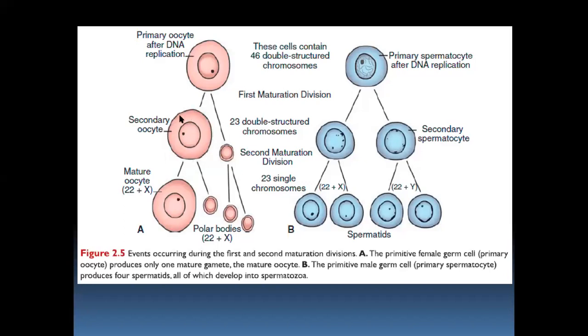Now, this again undergoes the second meiotic division, giving rise to a mature oocyte and another polar body. This polar body also will divide into two. Division happens, but remember that these polar bodies are non-functional and cannot be fertilized.